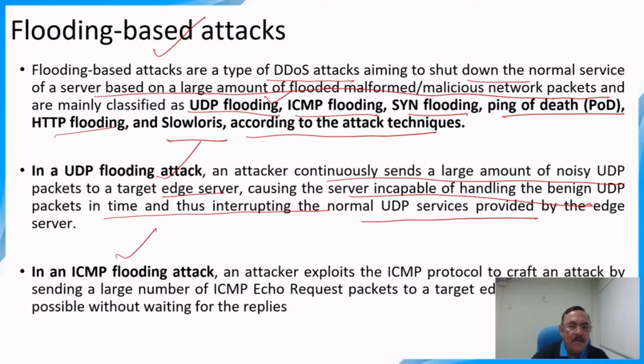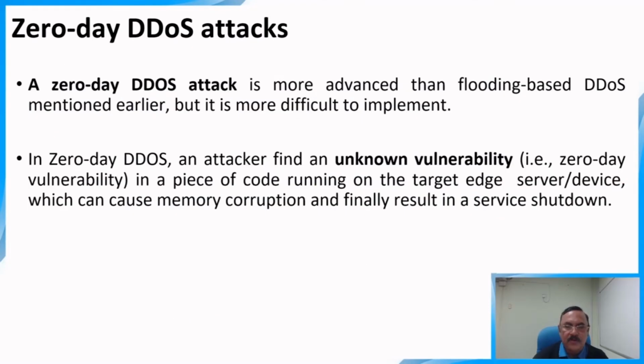In an ICMP flooding attack, similar to the UDP flooding attack, the attacker exploits the ICMP protocol by sending a large number of ICMP echo request packets to the target server as fast as possible without waiting for the response. Now, zero-day attacks are more advanced than flooding based DDoS attacks, but more difficult to implement.